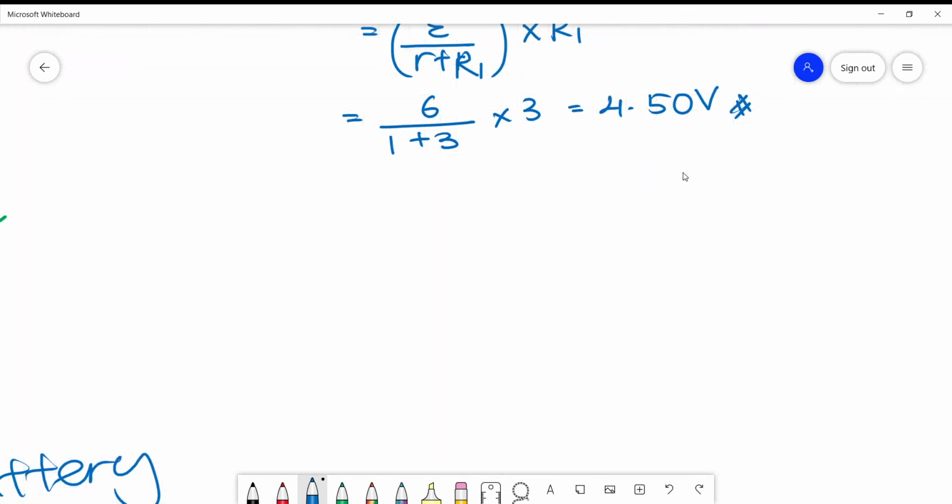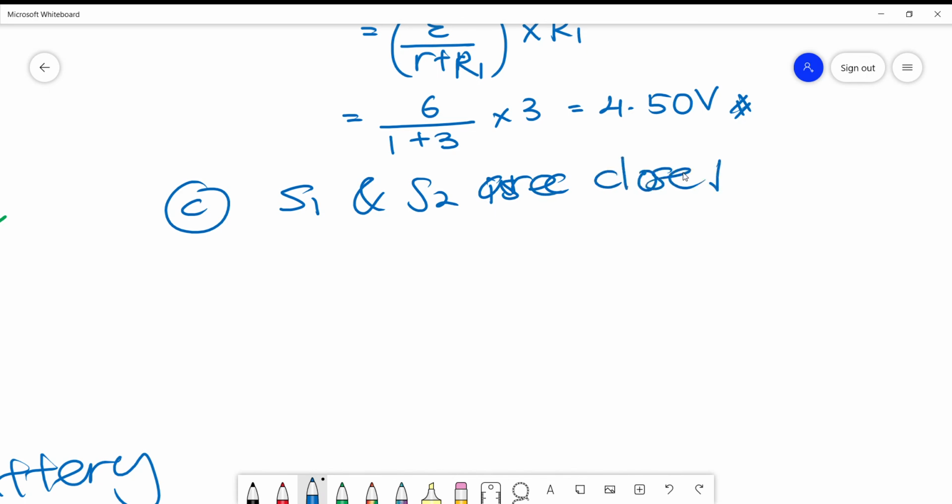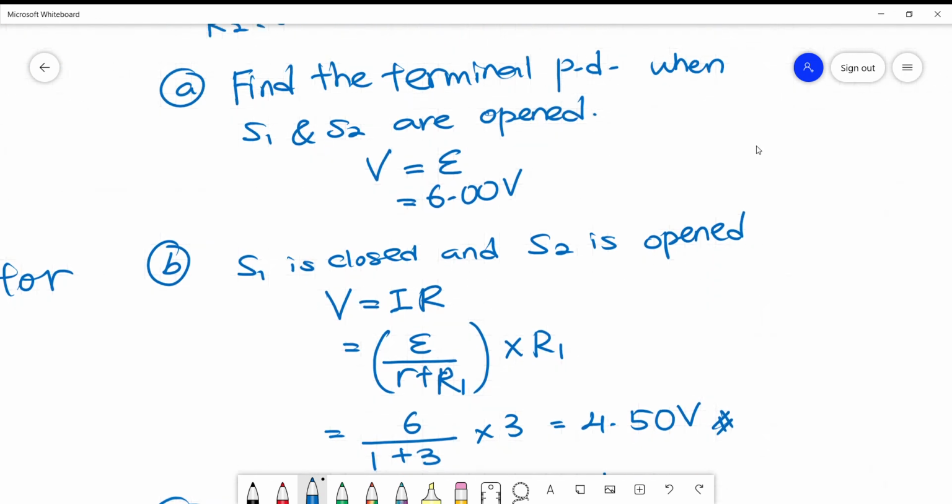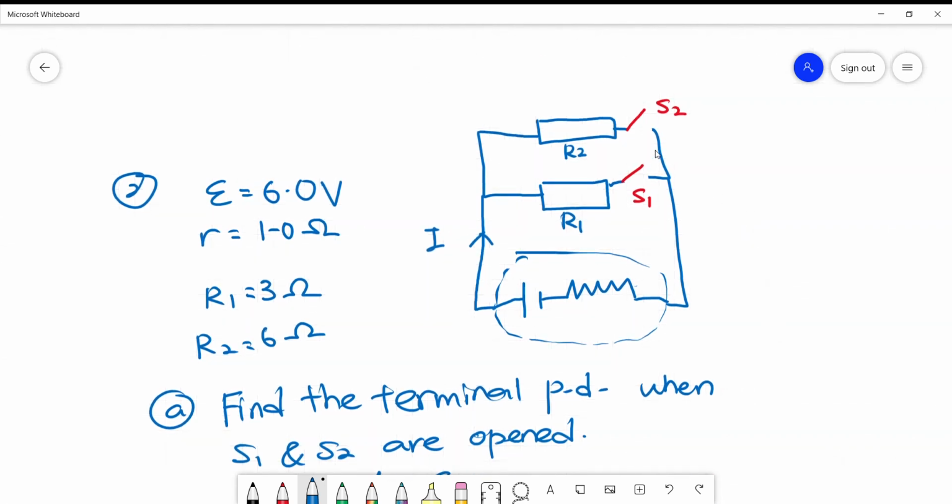Okay, for the third question, this condition is when switch 1 and switch 2 are closed. When both switches are closed, if we look back at the diagram, the current is going to flow in two ways, towards R1 and towards R2.